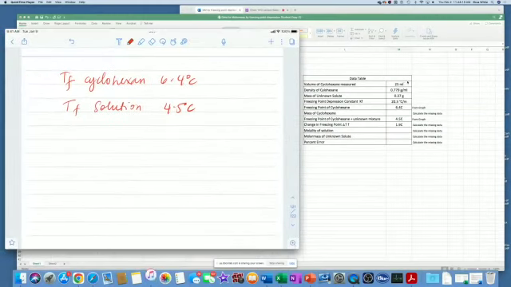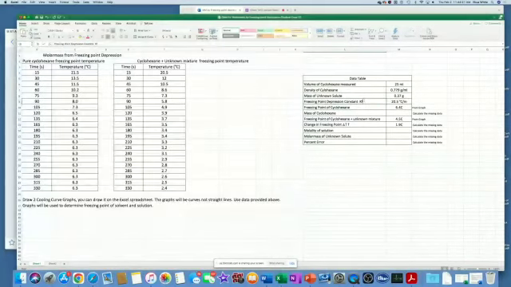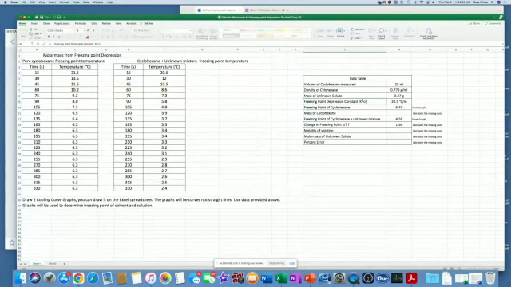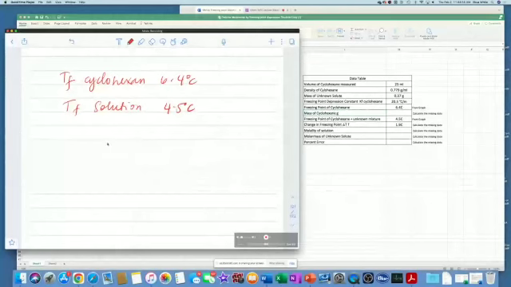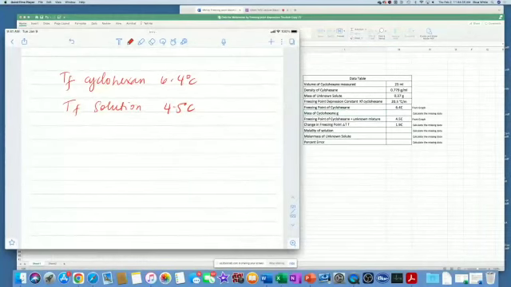We have the volume of cyclohexane, we have the density of cyclohexane, we have the mass of the unknown solute, we have the freezing point depression. This is of cyclohexane. How do we get the mass of cyclohexane in grams? In other words, we want the grams of cyclohexane. How do we find that? Does anybody have any idea?